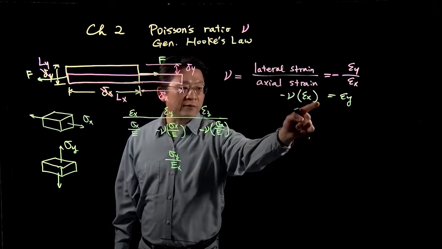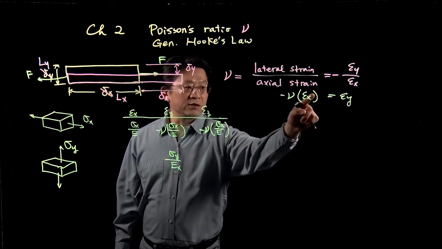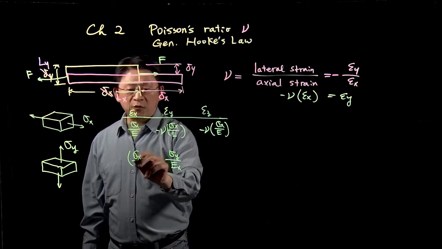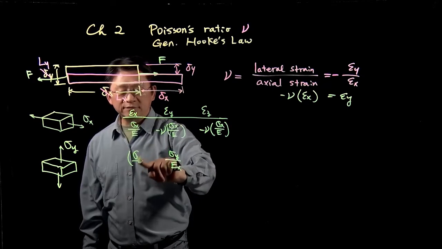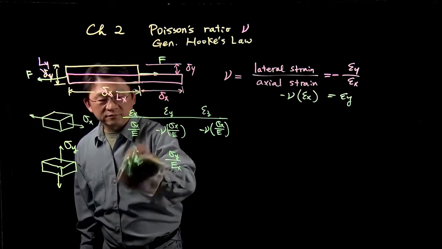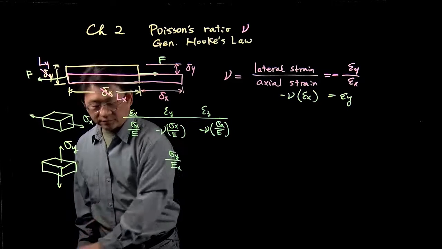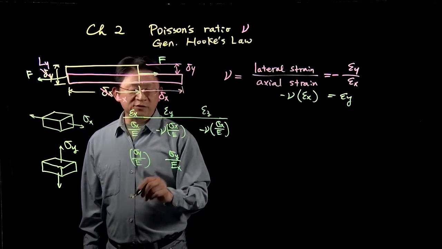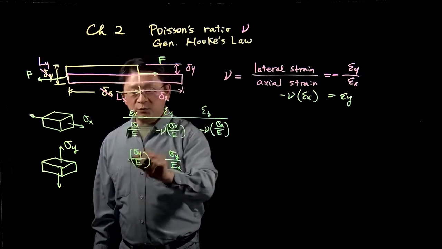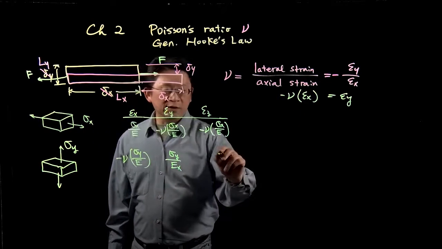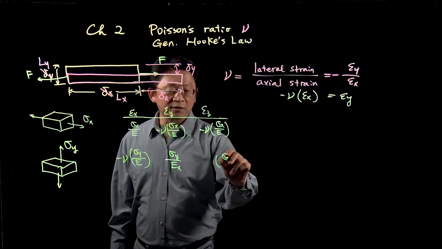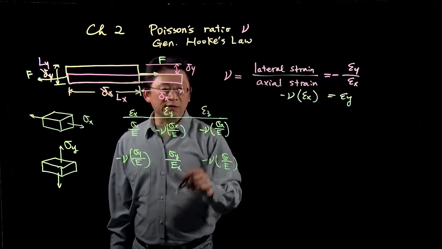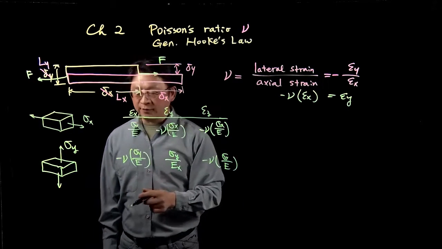Again, we adopt this one: the lateral strain equals the axial strain multiplied by the Poisson ratio. Here our axial strain is sigma y divided by E, multiplied with the Poisson ratio. The same thing here: this is the axial strain, multiplied with the Poisson ratio. That gives us the lateral strain.